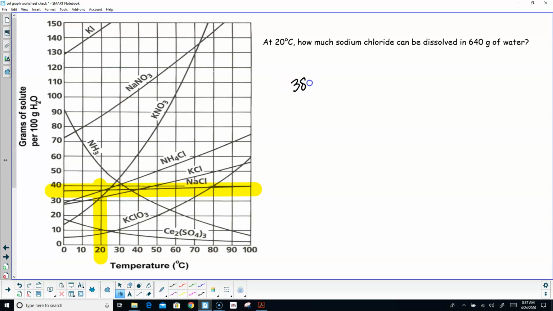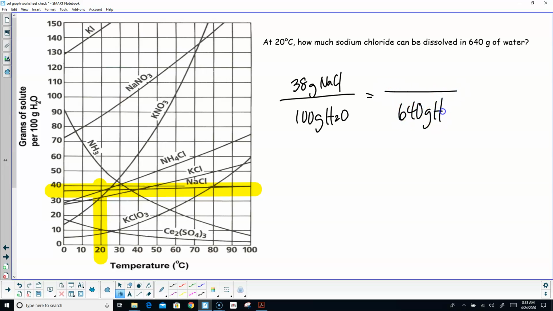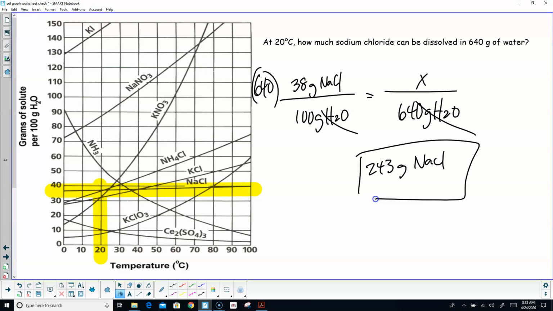So we'll say 38 grams of sodium chloride in 100 grams of water. Well, we don't have 100 grams of water, we have 640 grams of water. Solve for x, cross multiply, the 640 comes over here. 640 times 38 divided by 100. When you do that, 243 grams of salt will dissolve in that quantity.